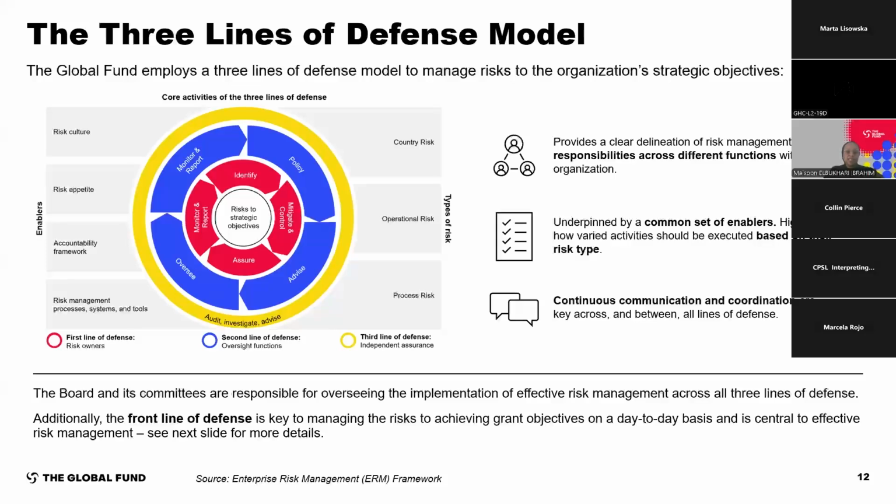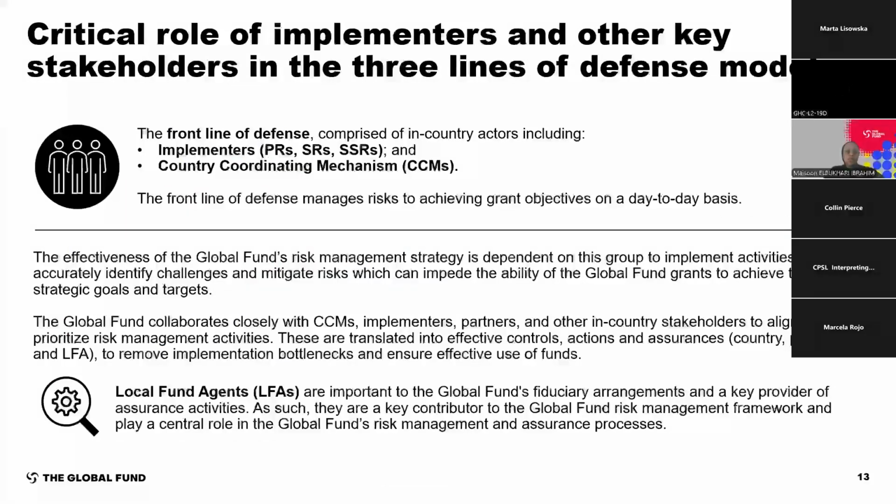If we move to the next slide, we also acknowledge the critical role of implementers and other key stakeholders in the Global Fund three lines of defense model. The front line of defense are the in-country partners and actors, including implementers, principal recipients, sub-recipients, and the country coordination mechanism.